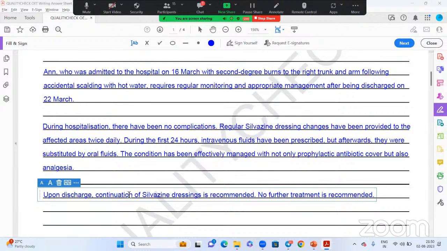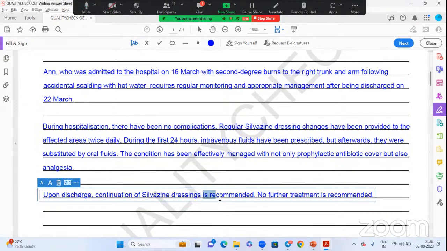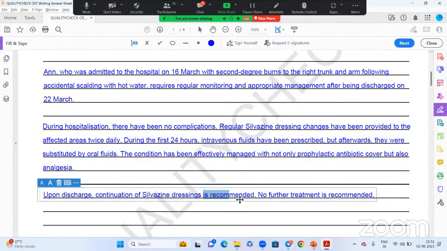So for continuation of silvazine, continuation is recommended. It's not are recommended, continuation is recommended. Regarding silvazine dressings, continuation is recommended. Another style: with regard to silvazine dressings, continuation is recommended. You have to understand what is the subject, what is the verb. Continuation is recommended with regard to silvazine dressings.